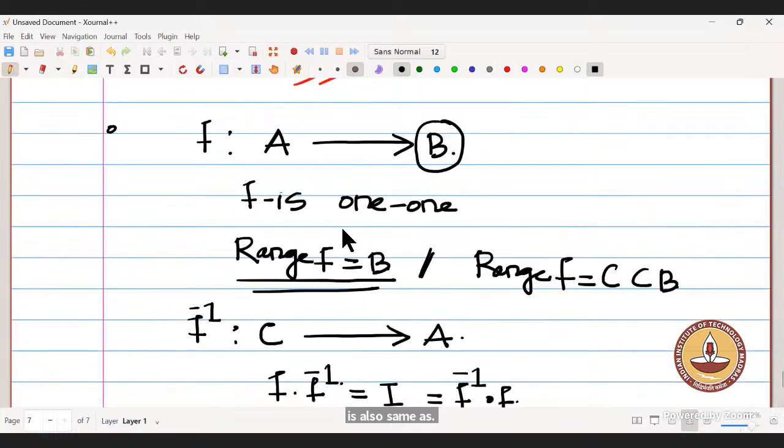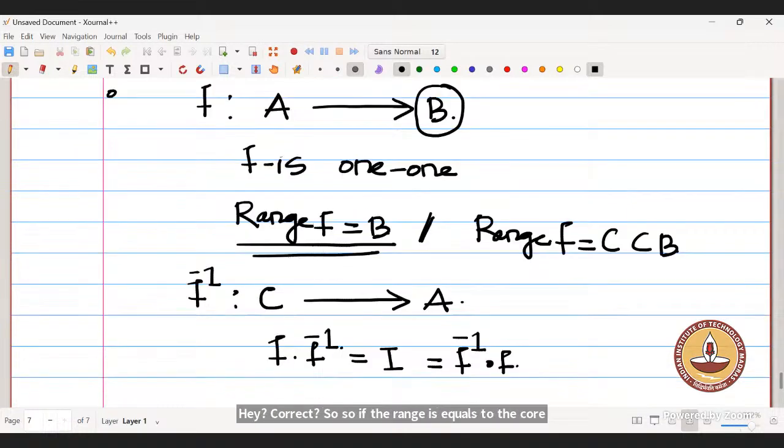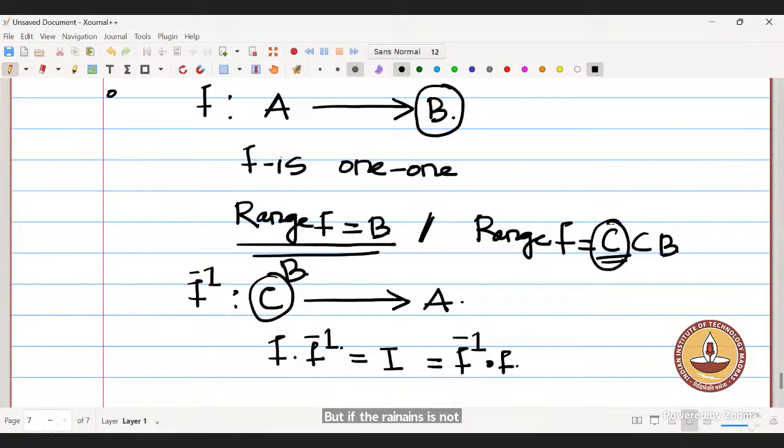If the range equals the codomain, it's sort of obvious, and you'll have a map from B to A. But if the range is a subset of B, you have an inverse from C to A. That is one of the advantages of a 1-1 function.